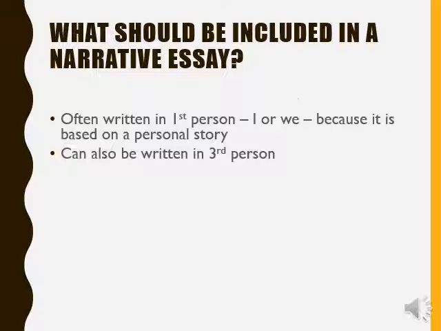What should be included in a narrative essay? First of all, in a narrative essay, miss, you have to use the first person. Yani, you have to use I, we, me, because I am telling a story based on a personal story.